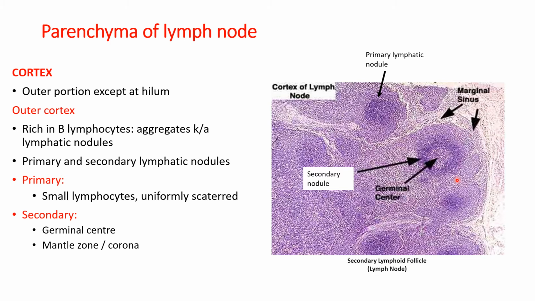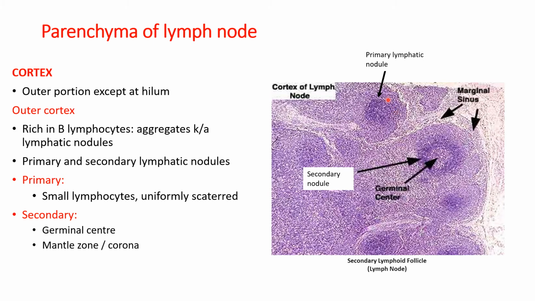These lymphatic nodules are basically aggregates of B lymphocytes. These lymphatic nodules are of two types, primary and secondary lymphatic nodules. Here in this hematoxylin and eosin stained picture of a lymph node, you can appreciate that this is a primary lymphatic nodule.